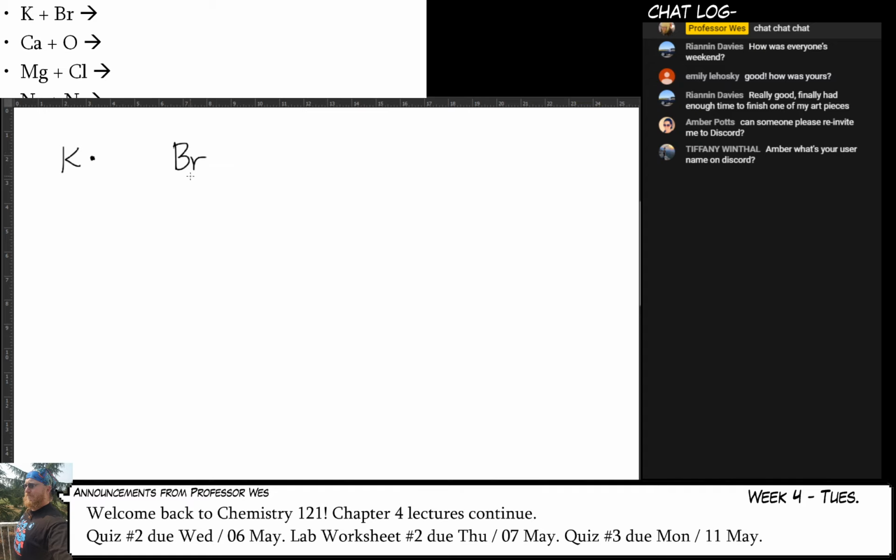Then I do the same thing for bromine. Bromine is in group 17, or 7A. How many electrons does it have in its valence shell? And hopefully you have drawn the symbol for it. We put one dot per valence electron. And bromine would have 7.